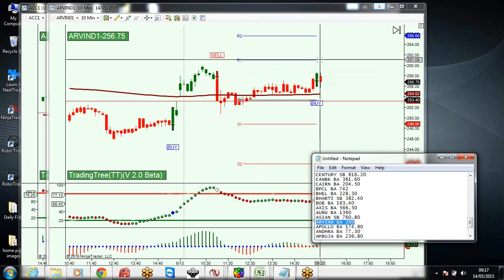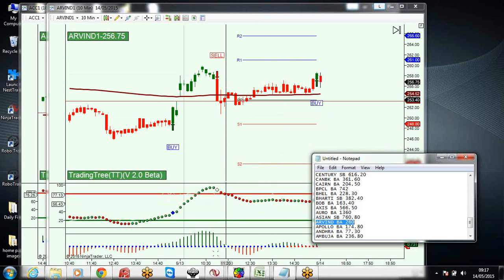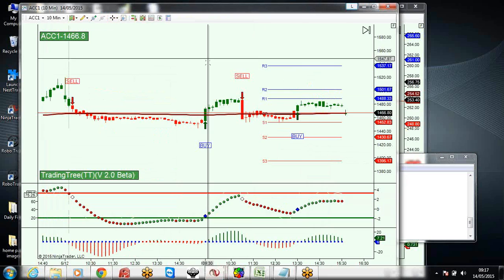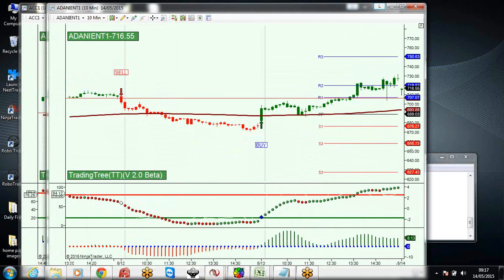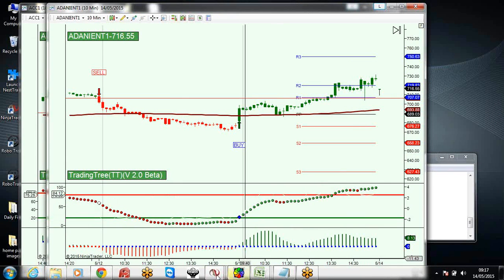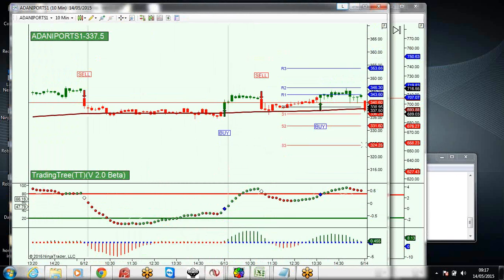We will buy. And for the rest of the trades, ACC is gap down. Same thing with Adani. Adani Ports, we should be getting a sell call. We can short Adani Ports at this price, 334.30.